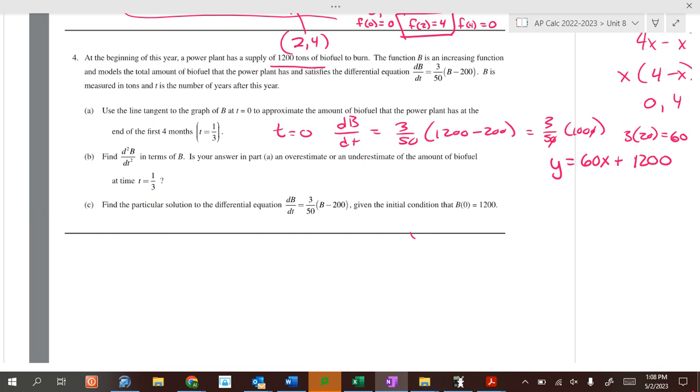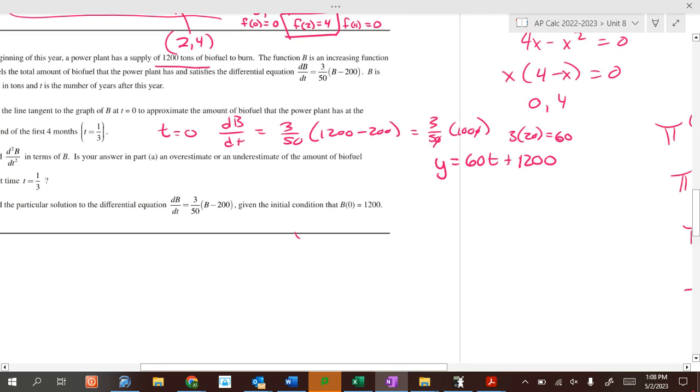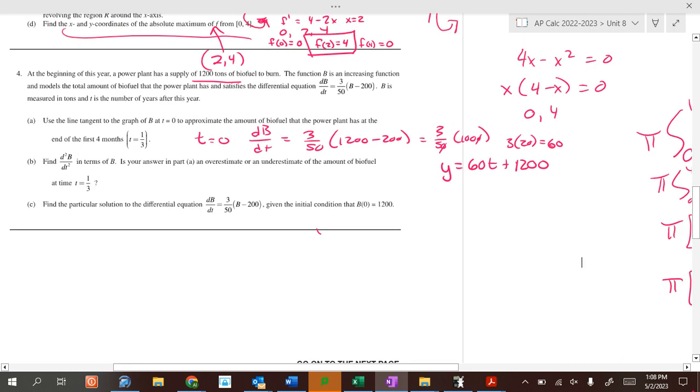The slope is 60, so I should put that as t. That's a tangent line because this is the slope, which we figured out to be 60, and this is the y-intercept, which is 1,200, at time equals 0.